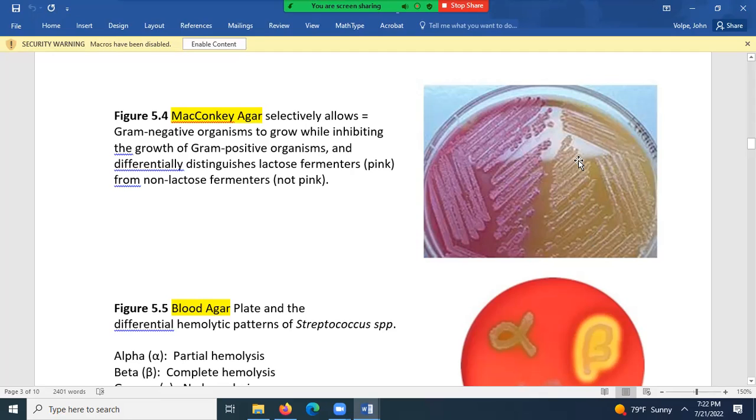Okay? This only works, the differential, if the bacteria can grow. If the bacteria is selected against, you cannot determine the lactose fermentation ability of the cells. Any questions about MacConkey's agar?